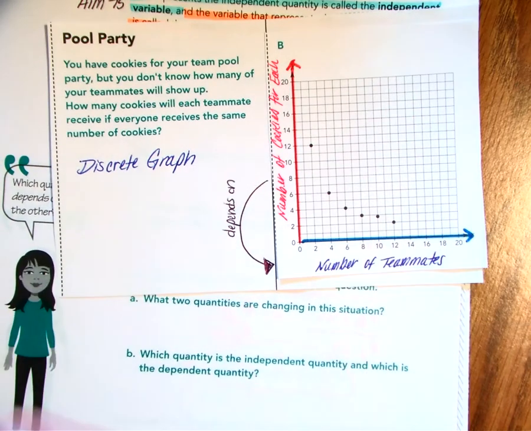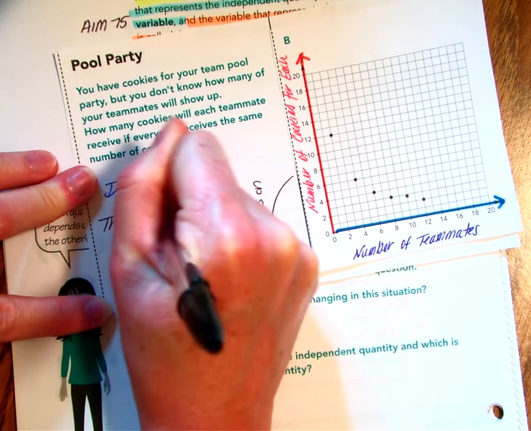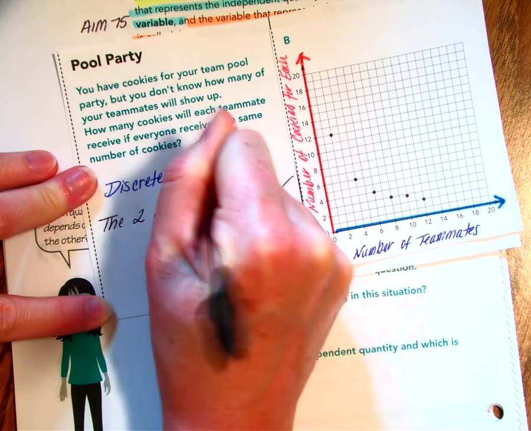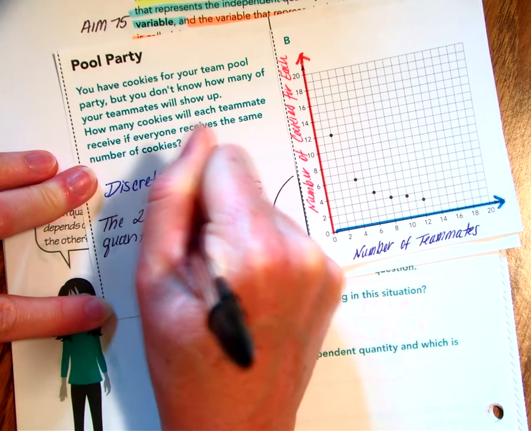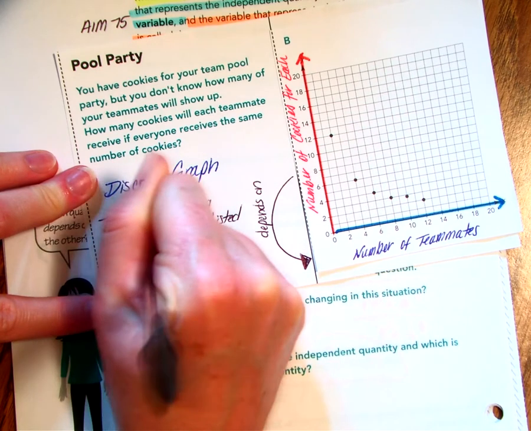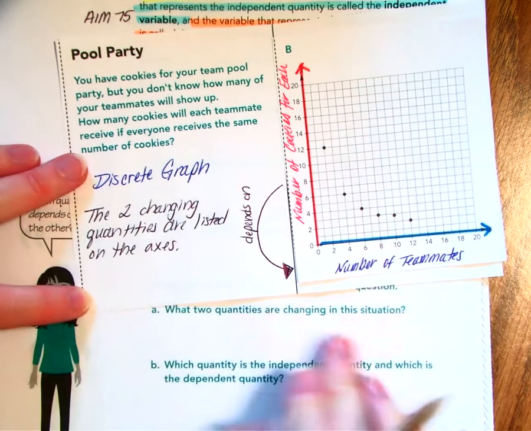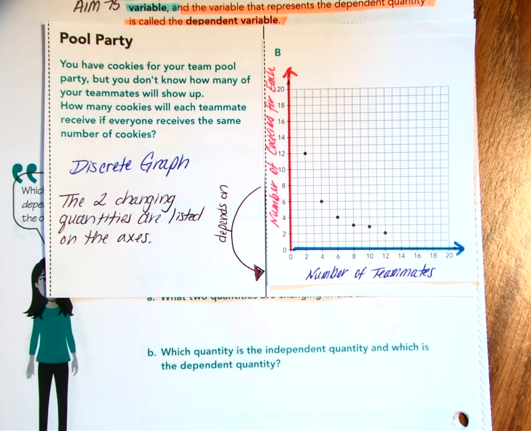So the two changing quantities are listed on the axes, being the x and y axis. We already have titles for them. And then we know the one in red, which I illustrated as the y-axis, the number of cookies for each teammate, depends upon the title listed in blue, number of teammates that attend the pool party.